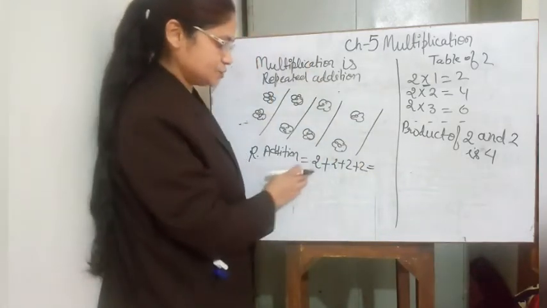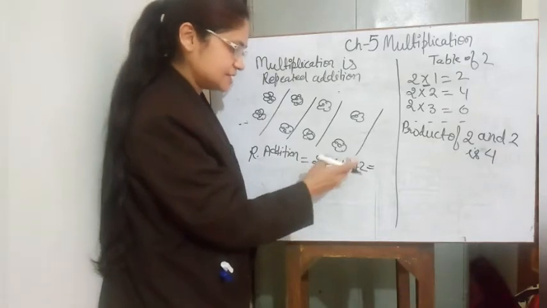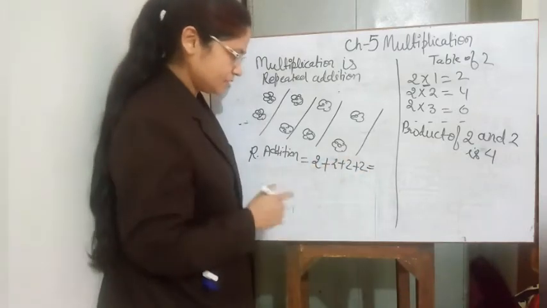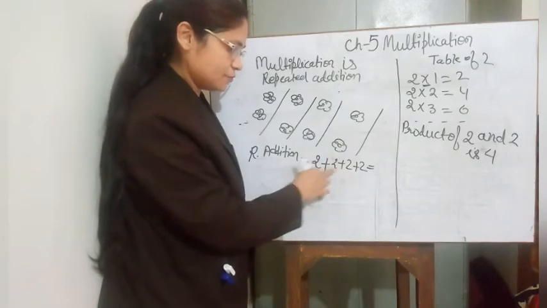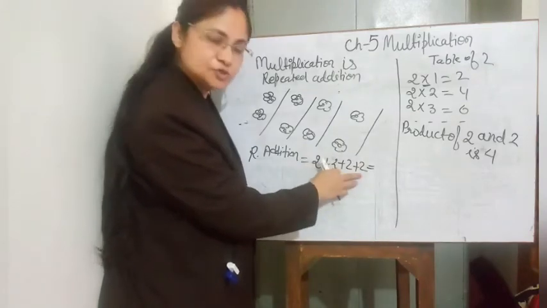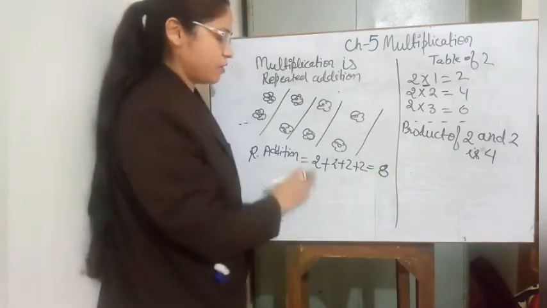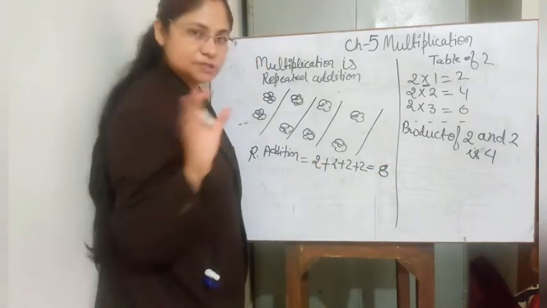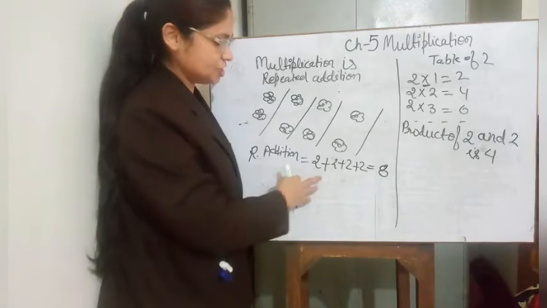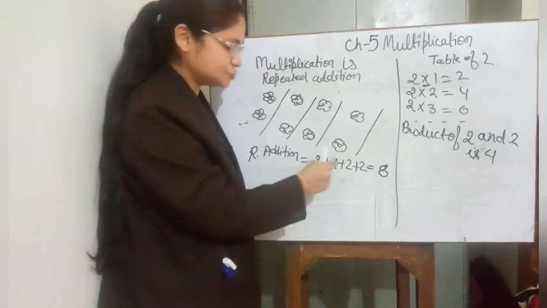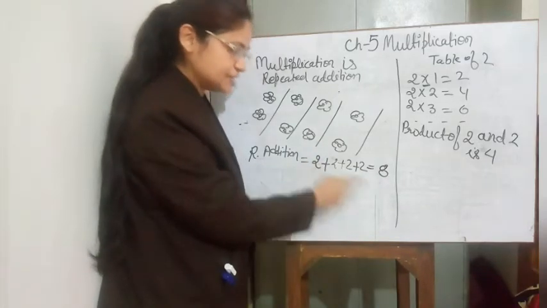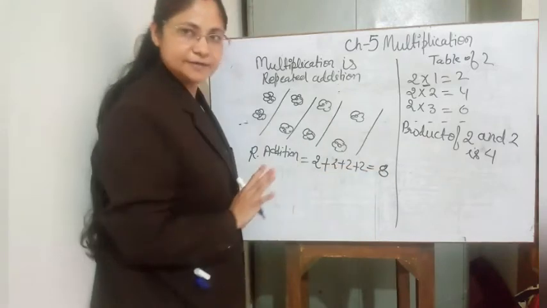What are we getting? 2 plus 2, 4. 4 plus 2, 6. And 6 plus 2, 8. That is a different thing, 2 to the power 4, that we will do later in multiplication. Here we are adding now.